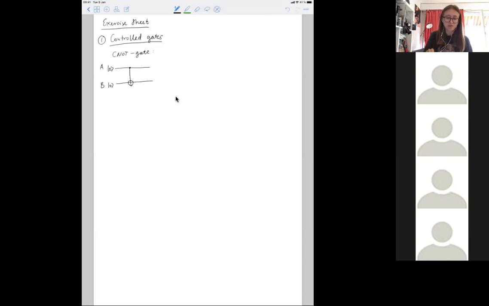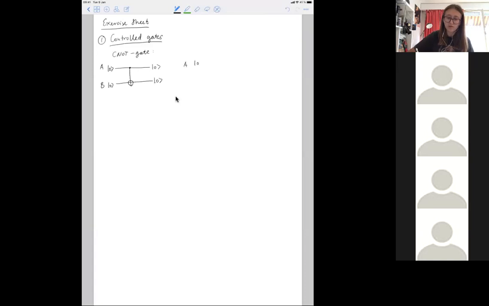But let's come back to our CNOT gate. This is a very simple component of the circuit. The way it works is that if the first qubit is in state 0, then the second qubit doesn't change its state.